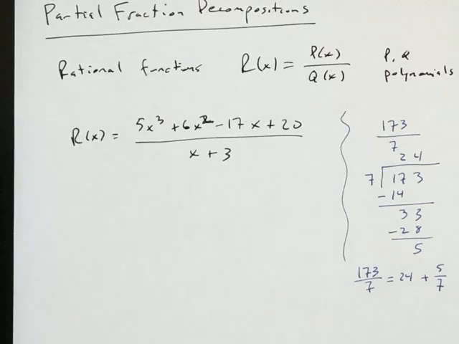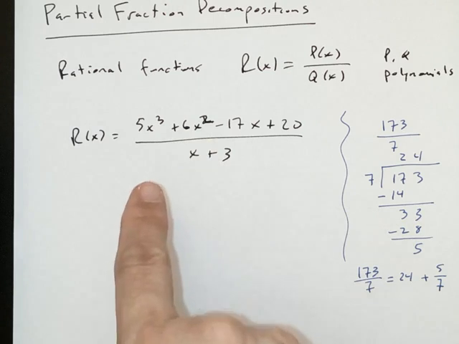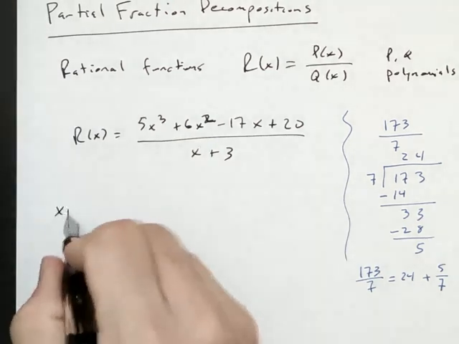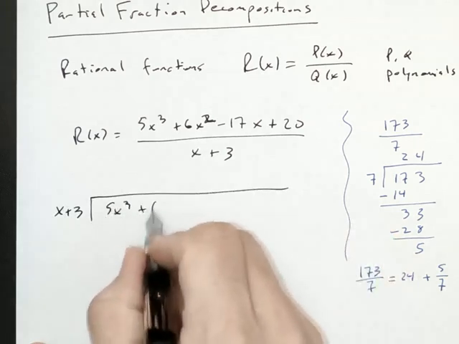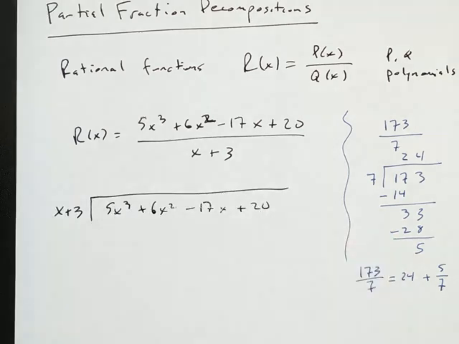I want to do the exact same thing here. The process is just longer. So I'm going to ask, how many times does the divisor, the thing on the outside, go into the first thing?